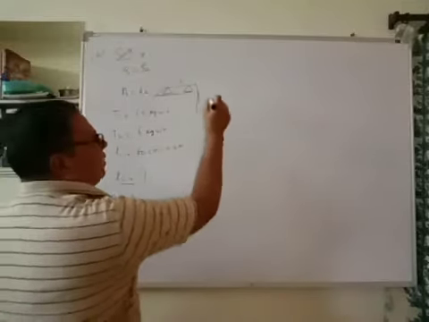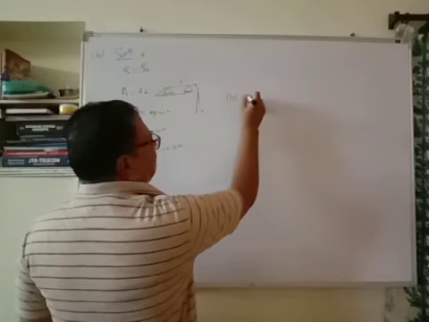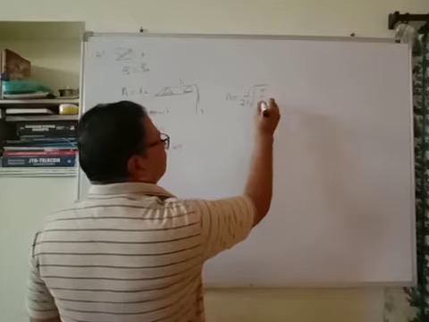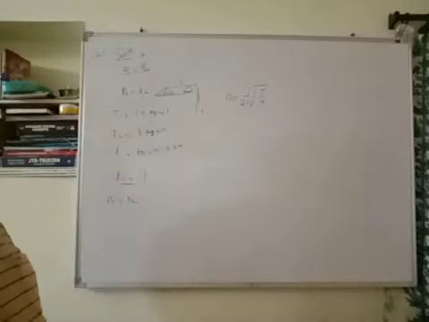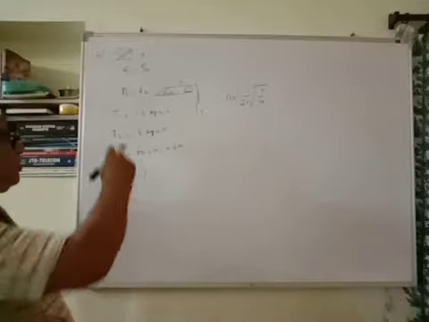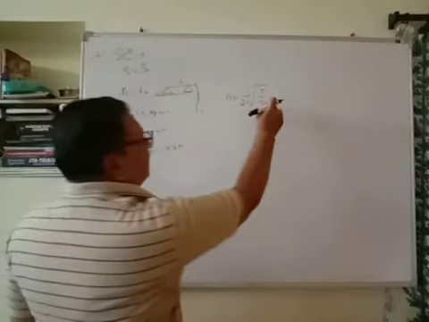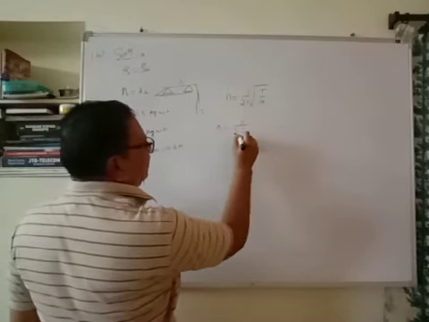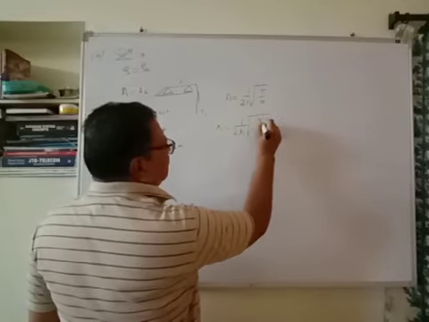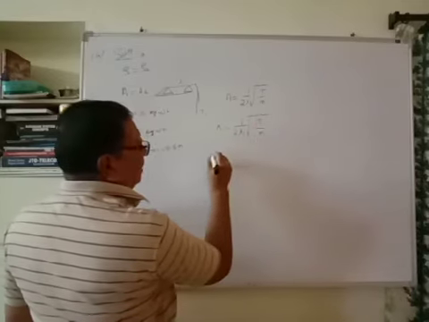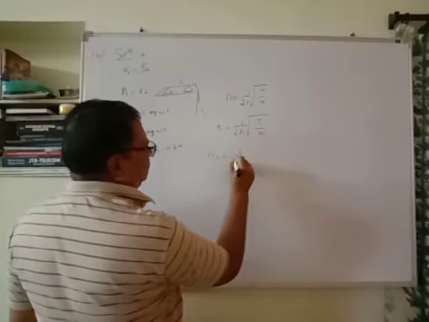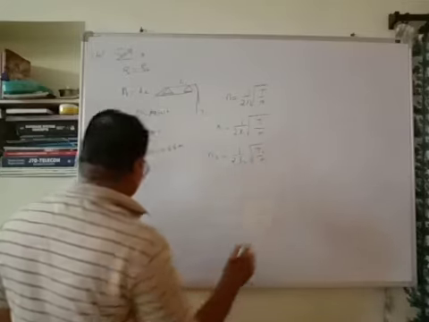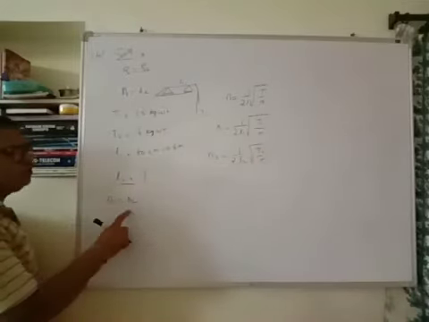Now we know that the fundamental frequency of vibration of a string is given by N is equal to 1 upon 2L under root T by M. As cross section area is the same and density is the same, M remains the same. We can write N1 is equal to 1 upon 2L1 under root T1 by M, and N2 is equal to 1 upon 2 L2 under root T2 by M. N1 is equal to N2.